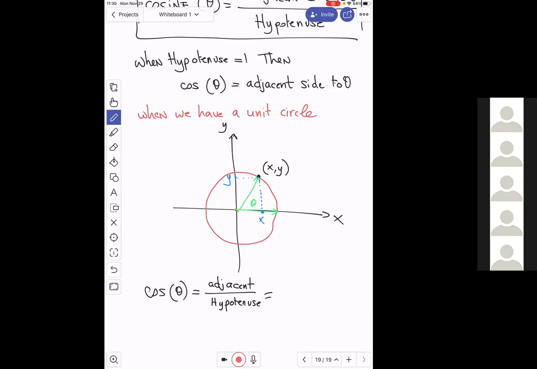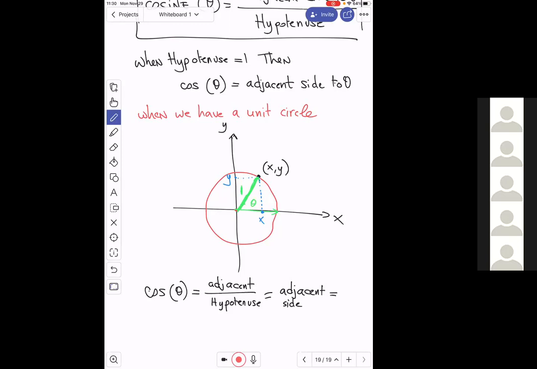But then we said this is a unit circle, which means the radius is 1. So this hypotenuse is 1. Okay, it's a unit circle. So then this is just the adjacent side to theta, right?